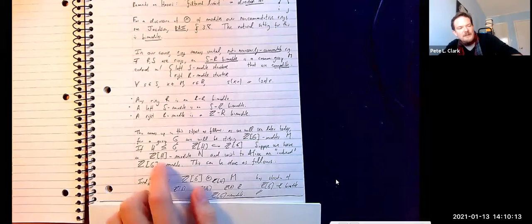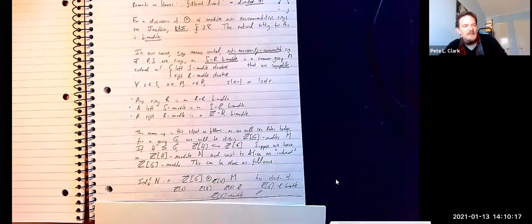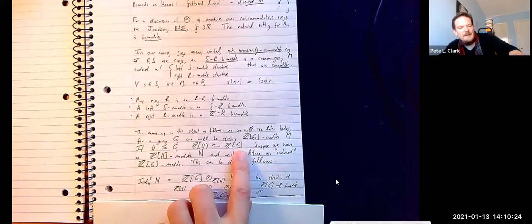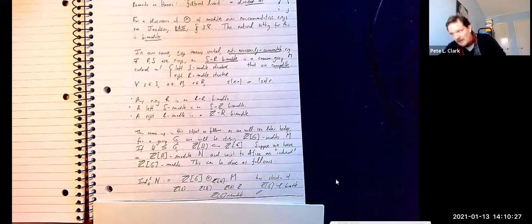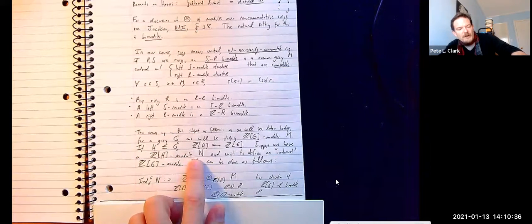What you need to know at the moment is that to every group, there's attached its integral group ring. And then there are a lot of nice functoriality properties. In particular, whenever you have a homomorphism of groups, that will induce a homomorphism of group rings. If H is a subgroup of G, then the group ring over H will embed as a subring of the group ring over G. As we'll see in the second lecture, we will be dealing with modules over the group ring all the time.